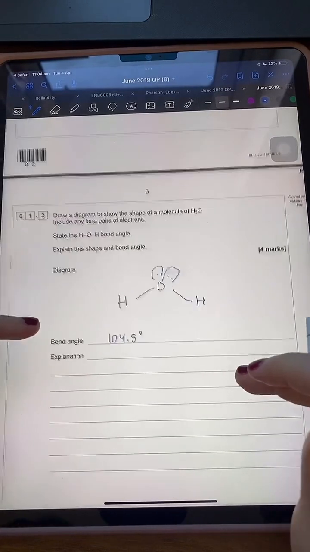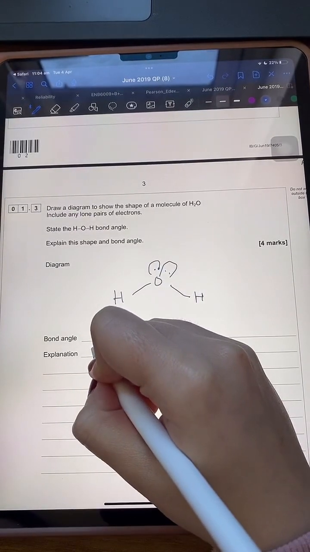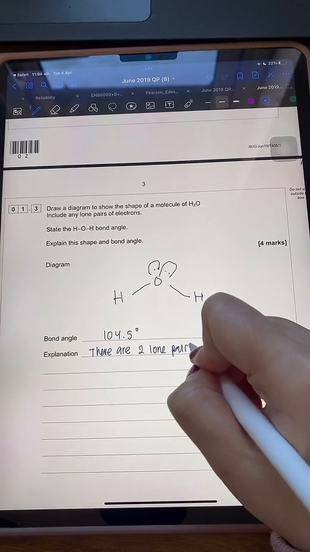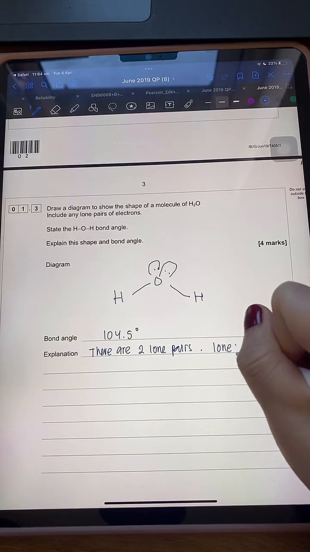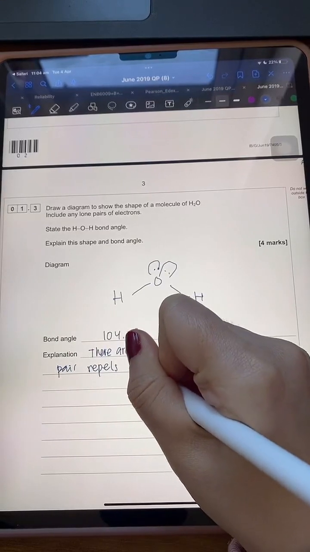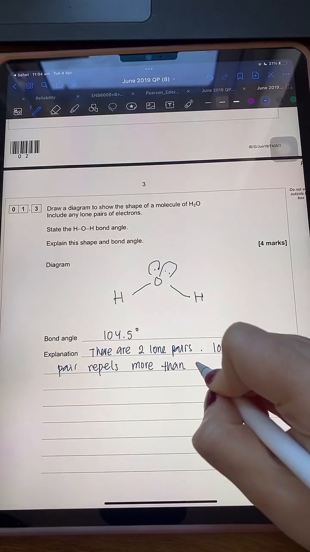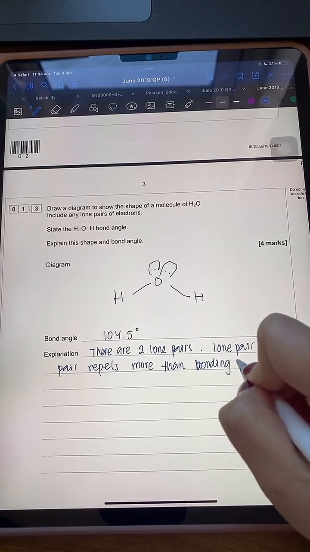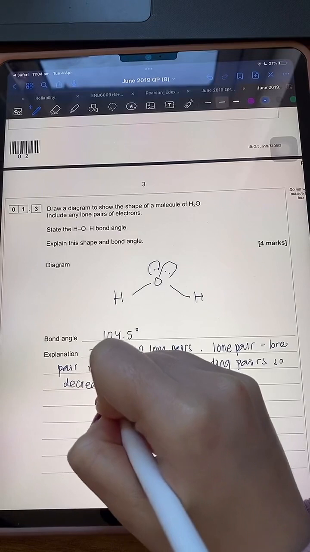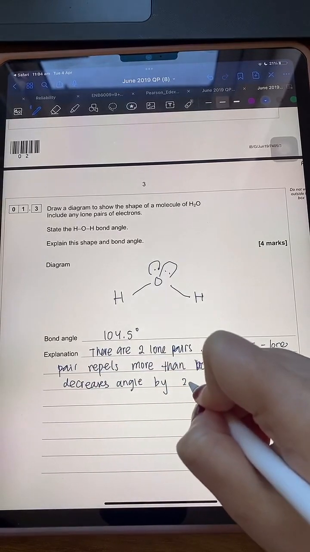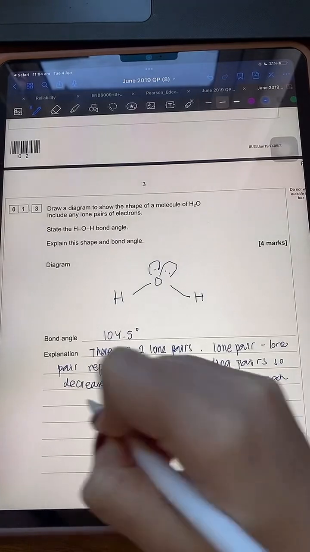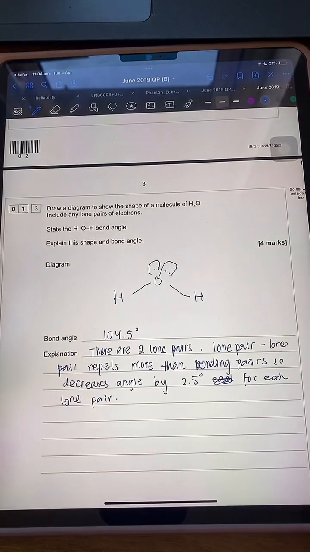So you can just say there are 2 lone pairs, lone pair, lone pair repels more than bonding pairs, so decreases angle by 2.5 degrees for each lone pair. That's the explanation for it.